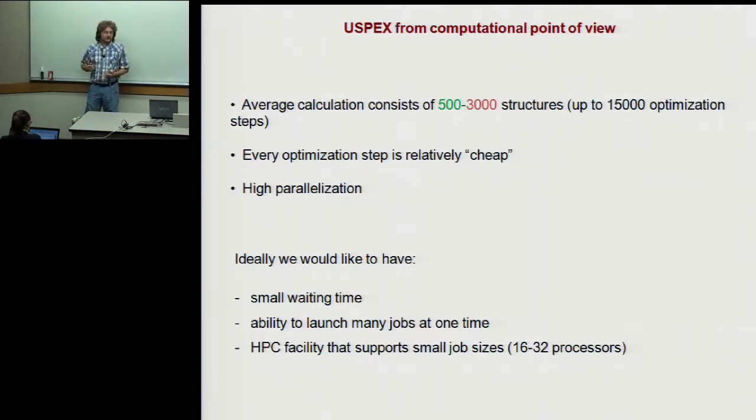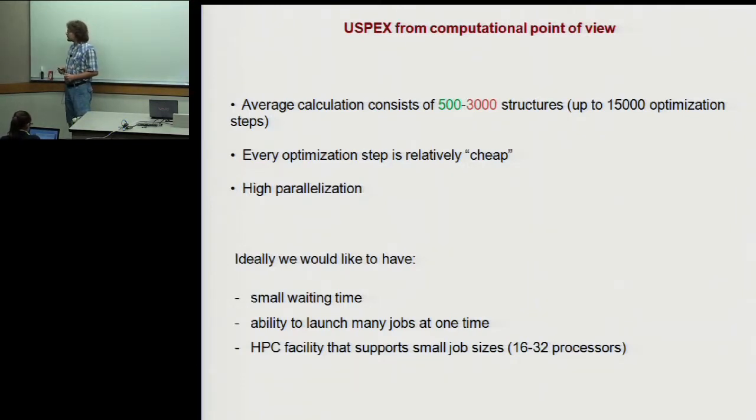So one optimization can be done, for example, in a few minutes or in a few hours, and only in very, very complicated cases is it more like a day. However, we have a lot of such small steps. This allows us high parallelization. For example, if we have a population of 20 structures, we can actually just submit 20 jobs, and that's it.